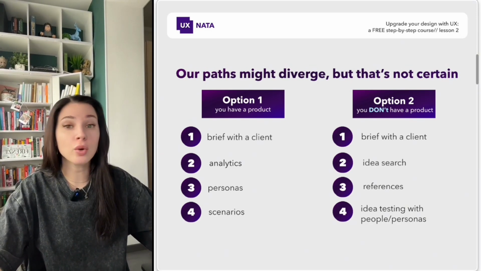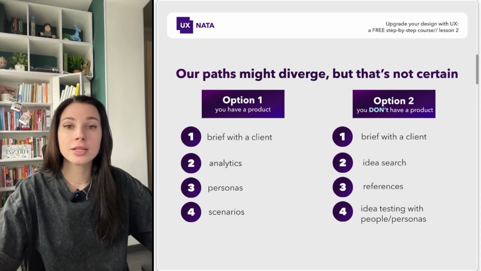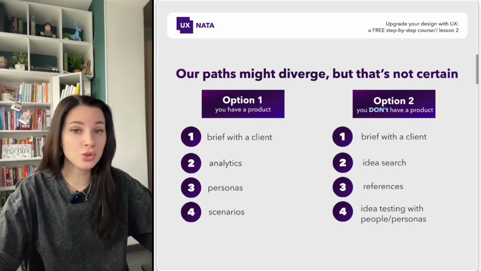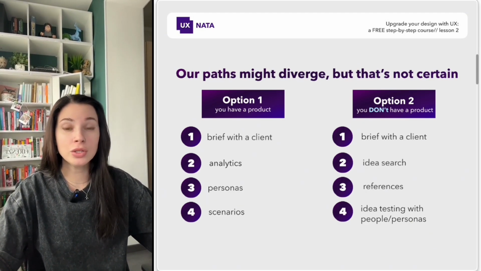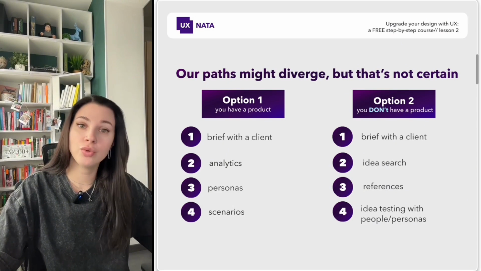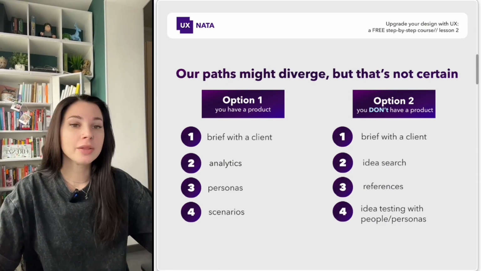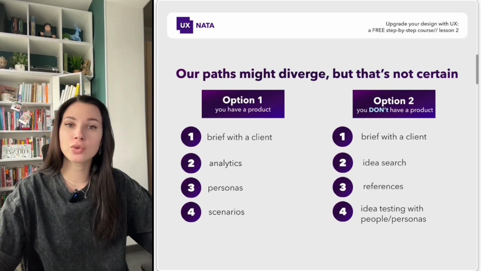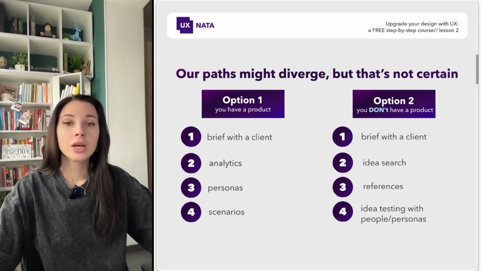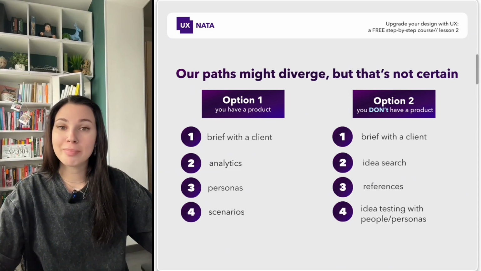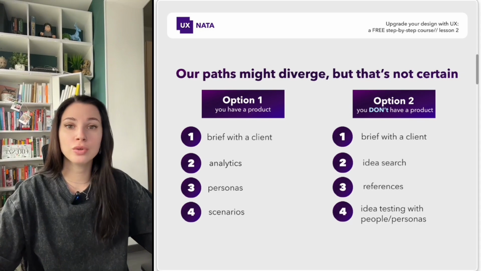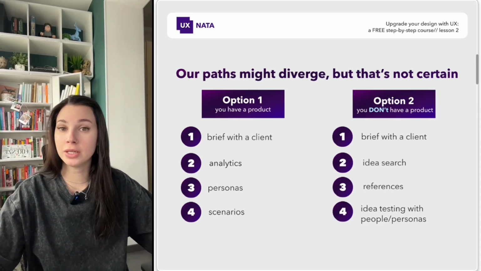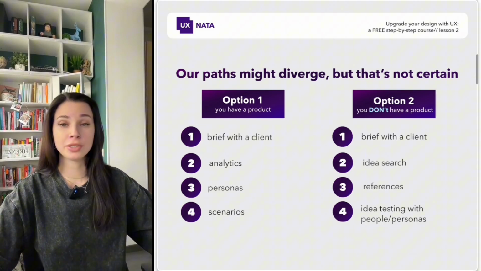If, for example, your client has never conducted user interviews, bad news. Let's start with user interviews of your target audience. Then scenarios or user journey maps. We should understand the main goals of people who visit your website or your app, your interface.